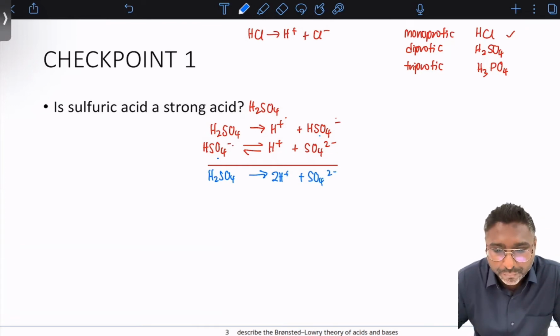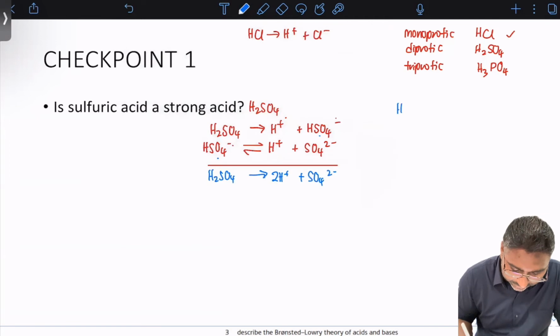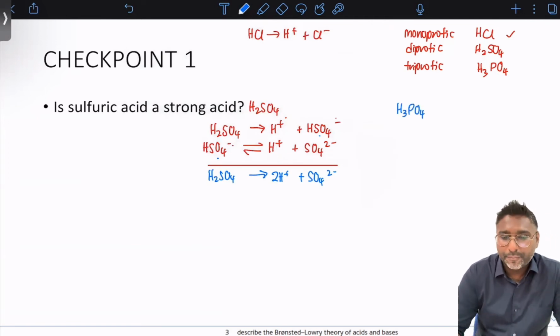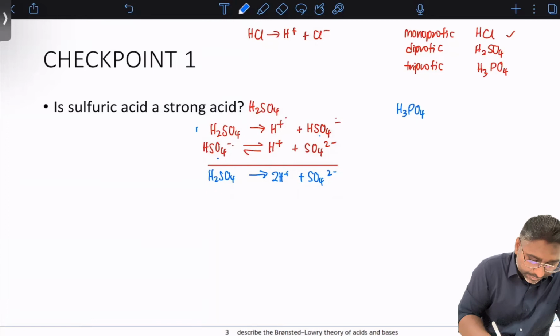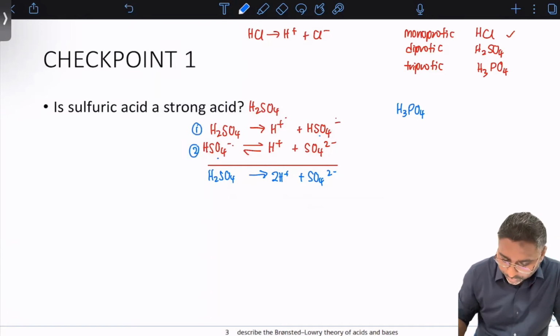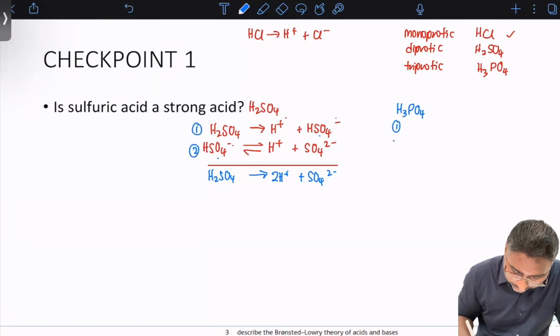Now, I want you guys to think what will happen to this H3PO4. I give you 1 minute. You try to write the same equations like this, 1 and 2, but for this, they will have 3 equations. Okay, 1 minute.